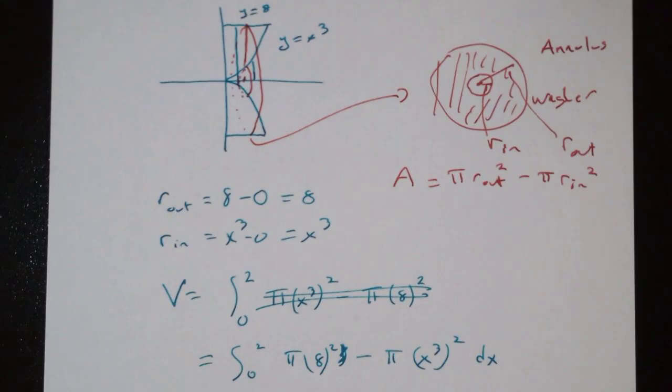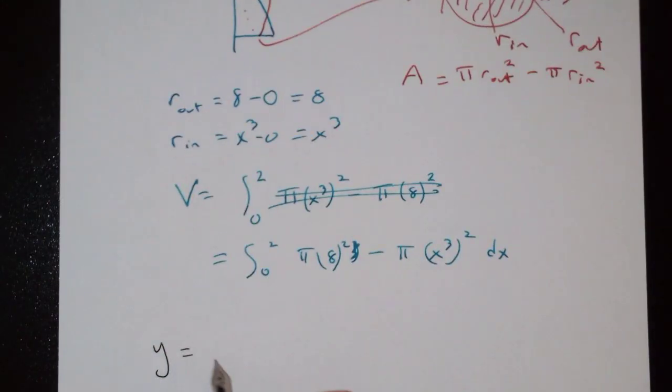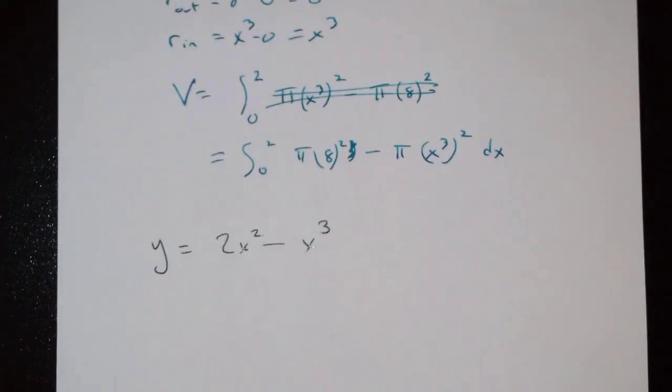But what happens when doing that is hard? If I wanted to go around the y-axis, I'd have to write this x equals.